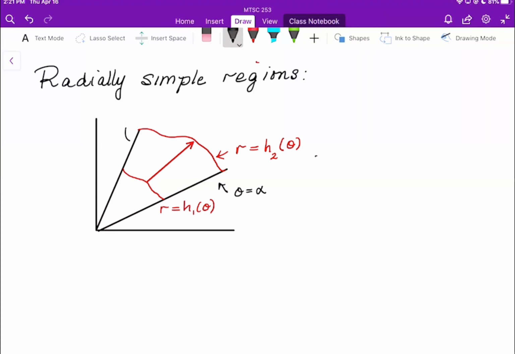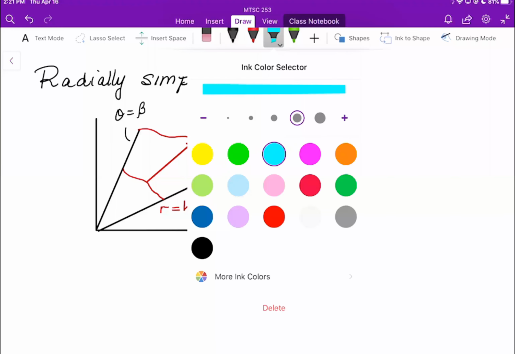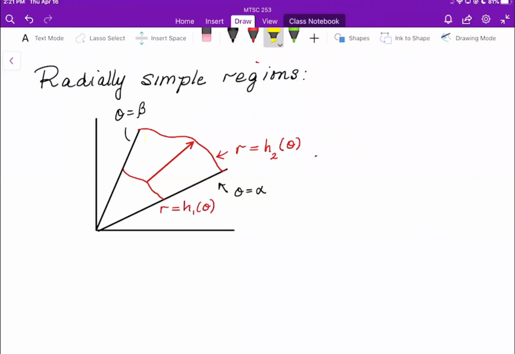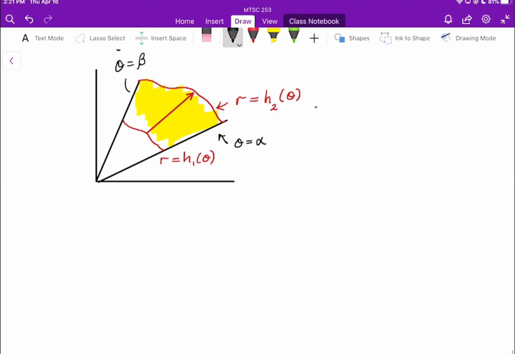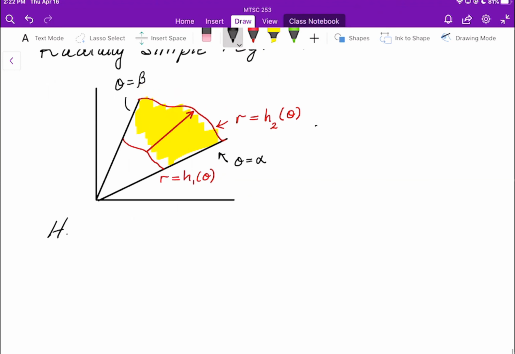And over here, theta is beta. And again, that's my region. So here, alpha is less than or equal to theta is less than or equal to beta. And h1 of theta is less than or equal to r is less than or equal to h2 of theta.